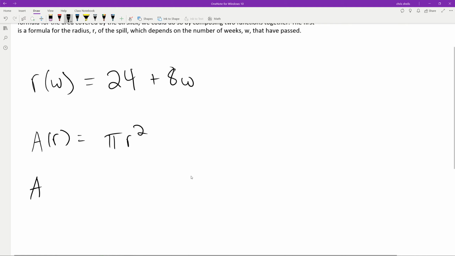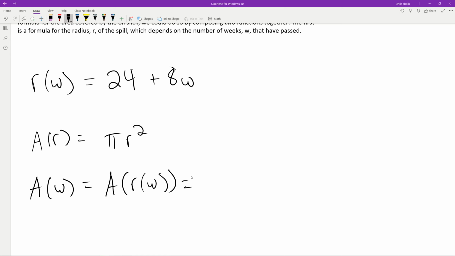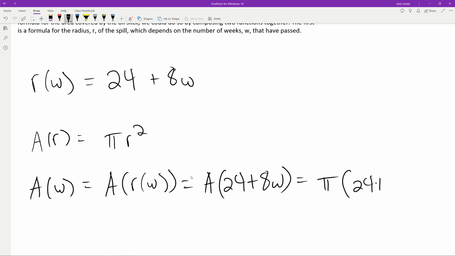So if I want to find the area of this circle as a function of week, then I would have to compose a of r and r of w to find a of r of w. This is going to be the same thing as a of 24 plus 8w, which is going to be pi times 24 plus 8w squared.